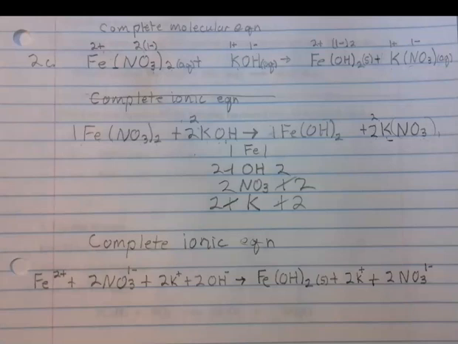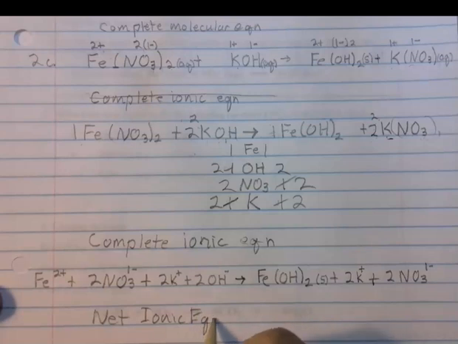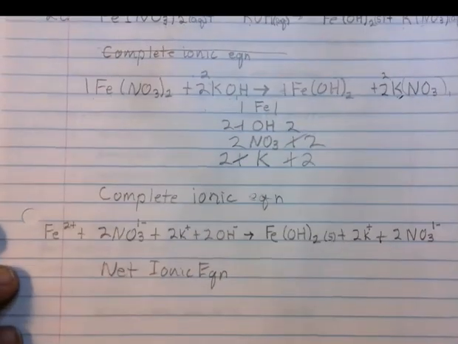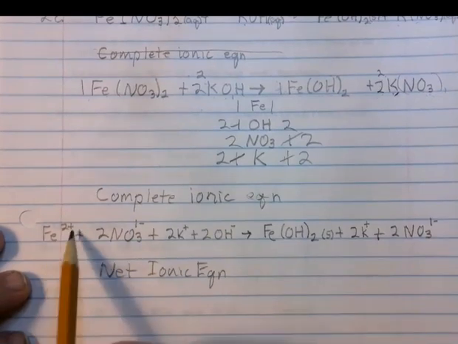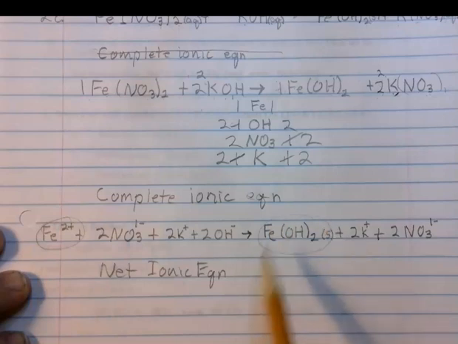So now we write our net ionic equation. What do we have that's the same on both sides? Well, Fe is not the same. There it's an ion, but over there it's part of our compound that was insoluble.